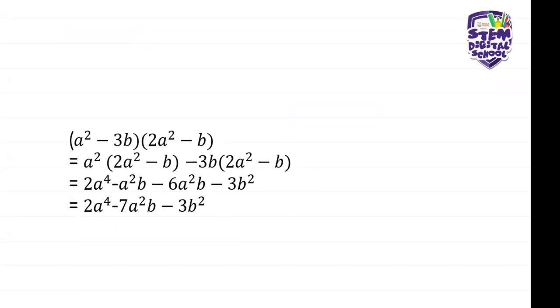As you can see, I've just expanded it as follows: a squared, that's the first one, and then you multiply it out with the second bracket, and then you come to the second term of the first bracket, minus 3b, and then you multiply it out with the bracket. And then, of course, if you multiply a squared times 2a squared, remember, next to a squared there, we always have the invisible one.